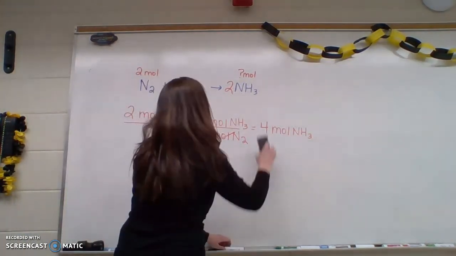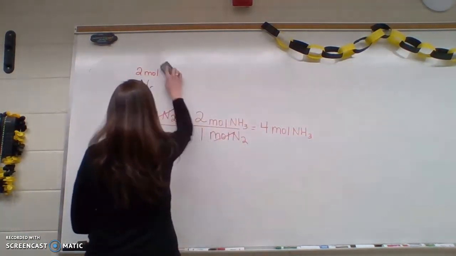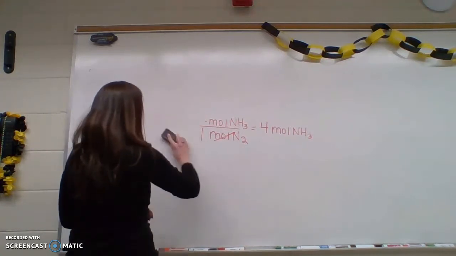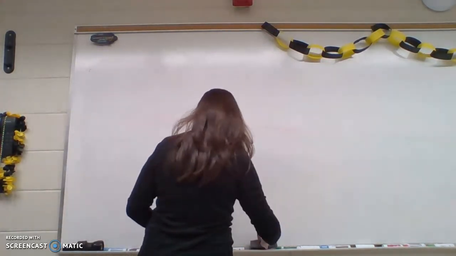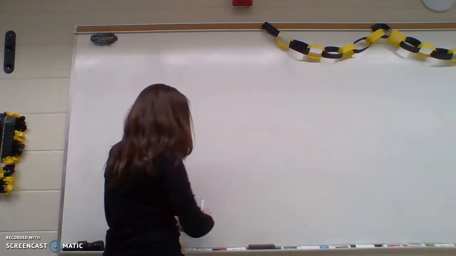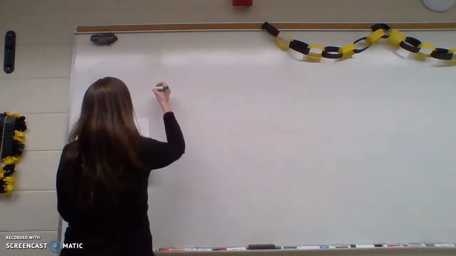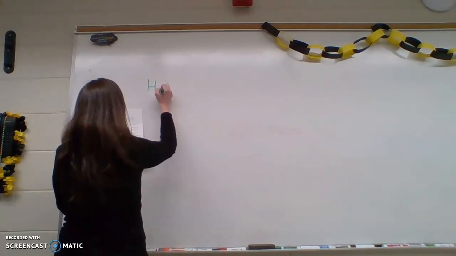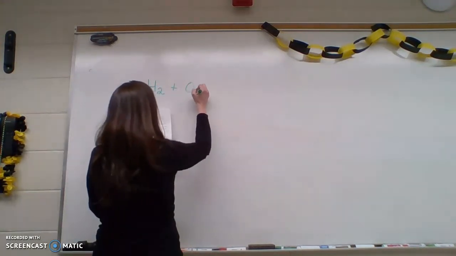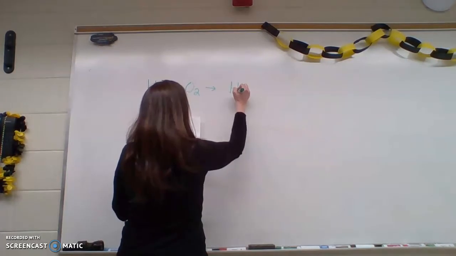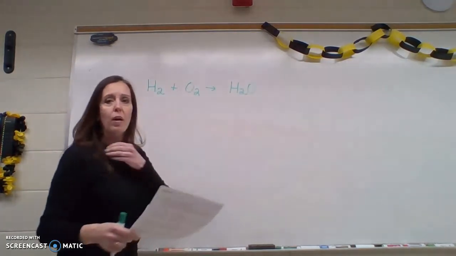Let's do the second example. Give me just a minute to write this up here on the board, and then we'll work on it together. So in the second example, this is my equation that's given.